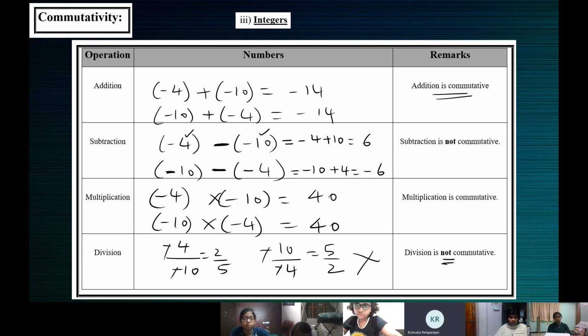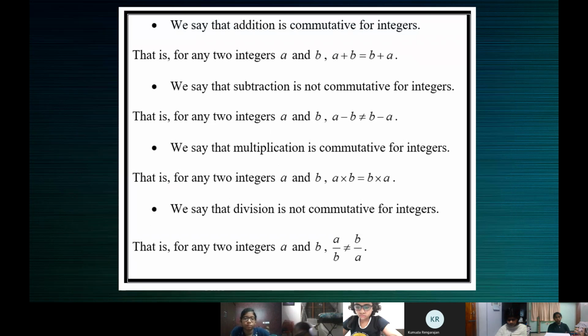So commutativity is changing the order. So you can see here, addition is commutative for integers, subtraction no, multiplication yes, division no.